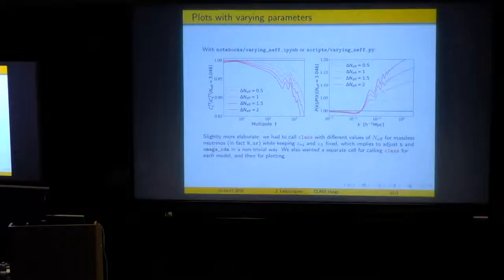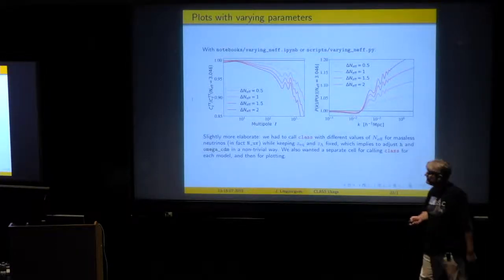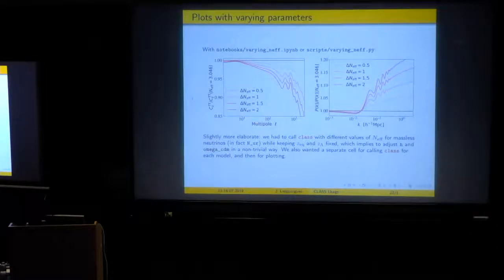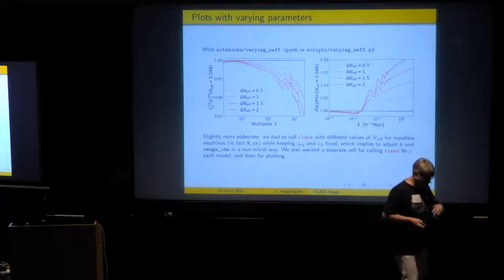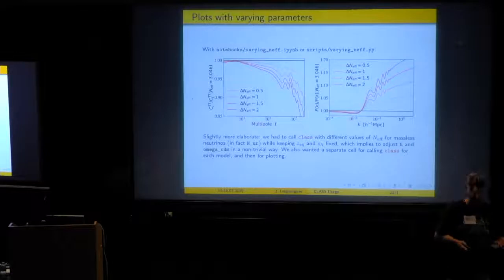And for people who know this field of neutrino cosmology, they know that there is a little trap. You will get different plots if your convention is to vary delta N_eff with a different list of fixed parameters. You can vary delta N_eff while fixing omega CDM or omega total or the redshift of equality. There are many different choices, and they will lead to different behaviors.